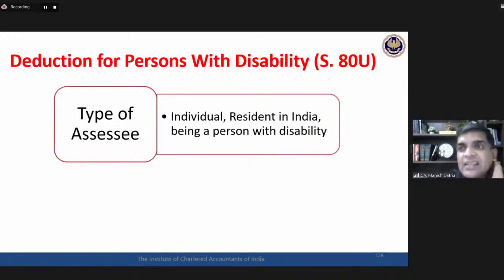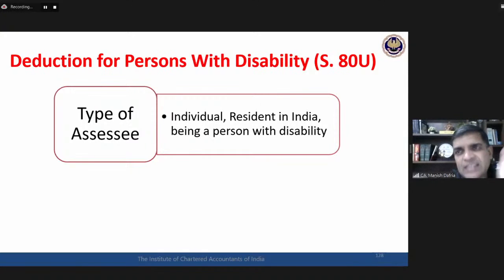And in the last class also I gave the suggestion, and again I am repeating it. At the time of examination, there will be a very big confusion about which deduction is available to which type of assessee. So a very simple idea would be, today itself create a simple one-page table focusing only on this aspect: which section, which deduction, available to which type of assessee.